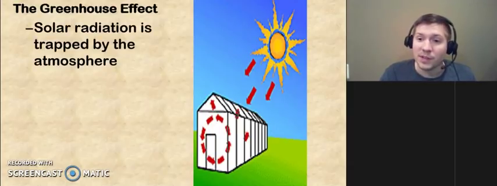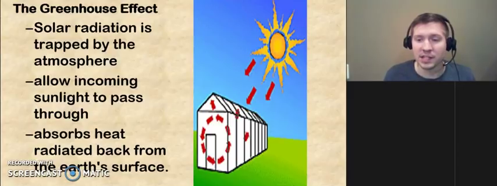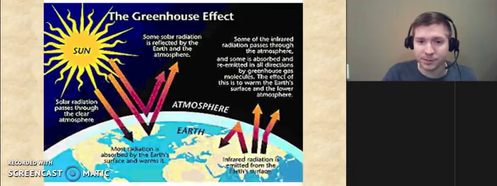And what the greenhouse effect is, is comparing a greenhouse to Earth's atmosphere. So what happens when solar radiation comes to Earth is it goes through our atmosphere and then it gets trapped. So the incoming sunlight is allowed to pass through, but then the heat that bounces off the planet is often reflected back down to the surface, keeping the planet warmer than it otherwise would be.